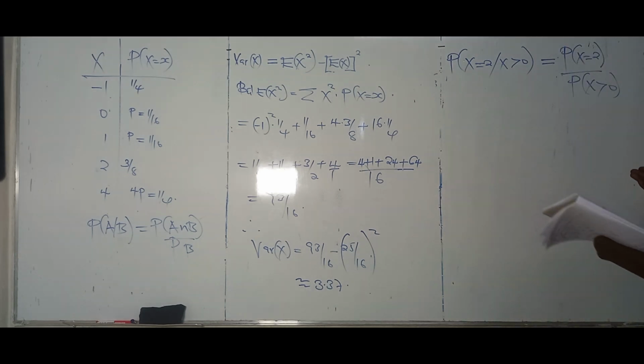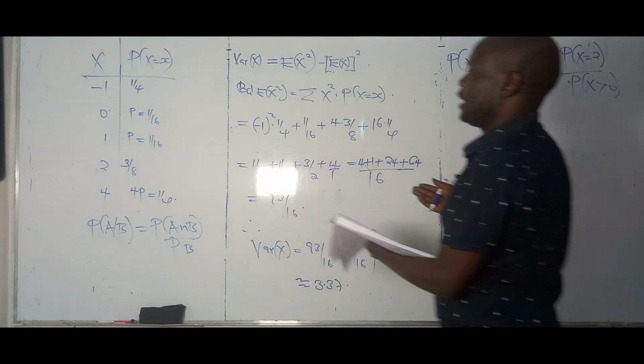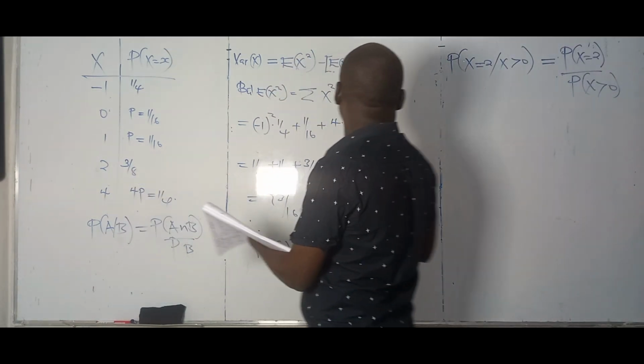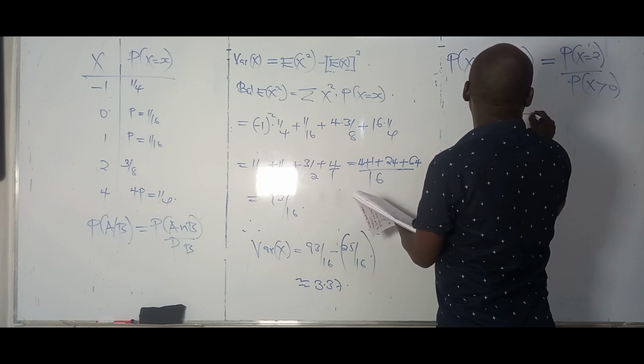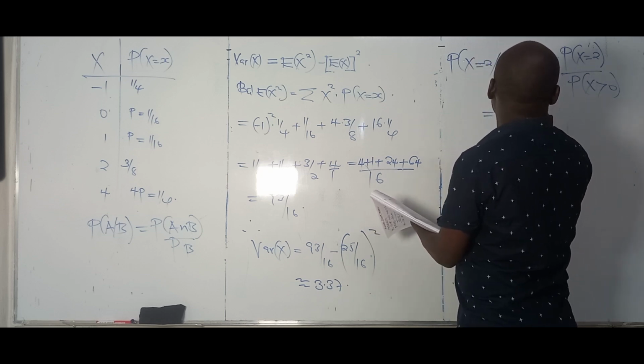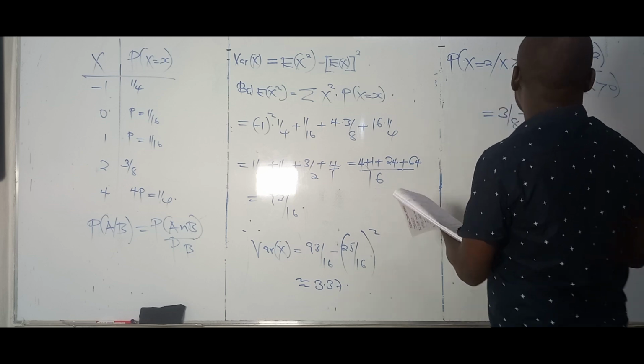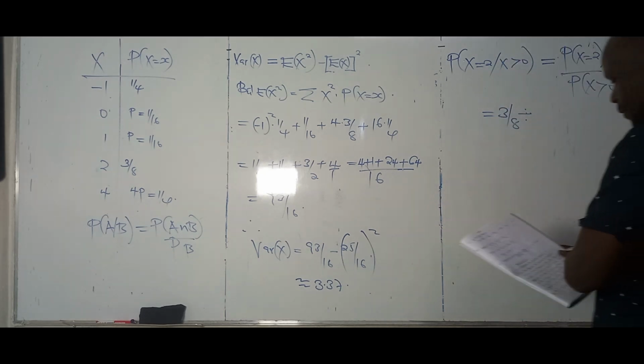But what is the probability that x is equal to 2? It is 3 over 8. So here we have 3 over 8 divided by the probability that x is greater than 0.